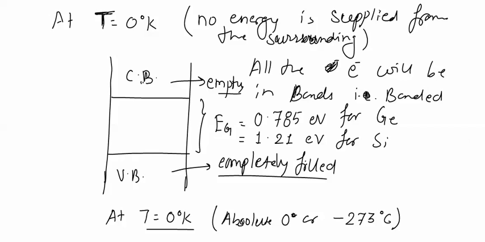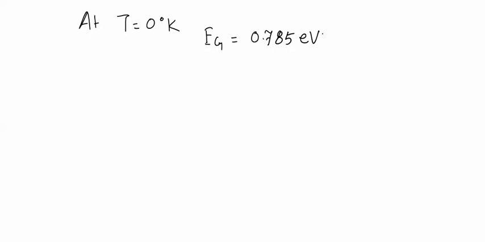So at T equal to 0 degrees Kelvin, if we want to break any bond in semiconductors, we will have to apply an energy equal to Eg: 0.785 electron volts in case of germanium, and 1.21 electron volts in case of silicon. If this much energy is applied, we can easily break a covalent bond in the semiconductor material.